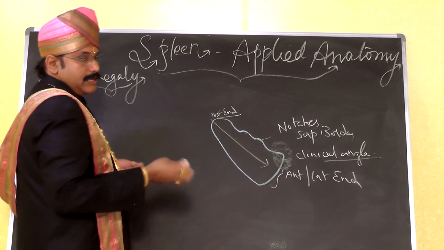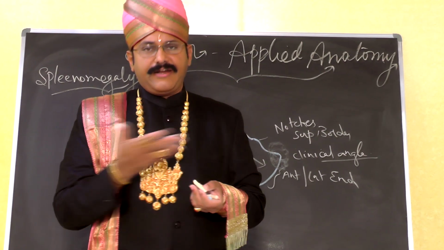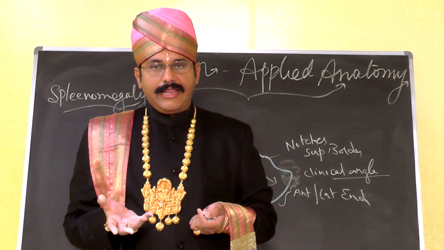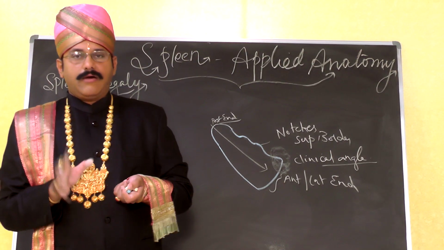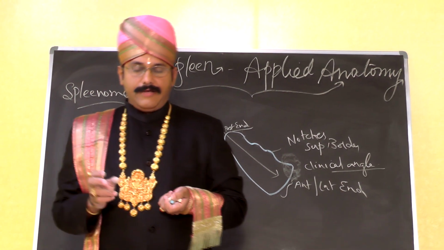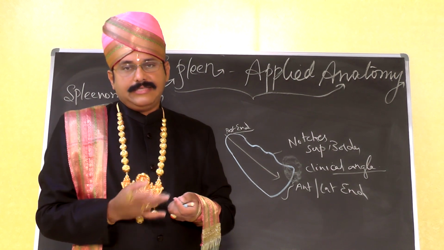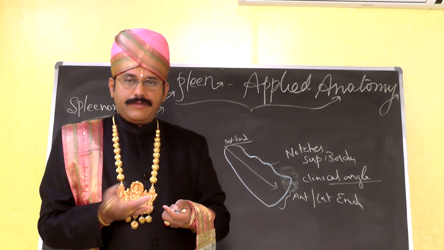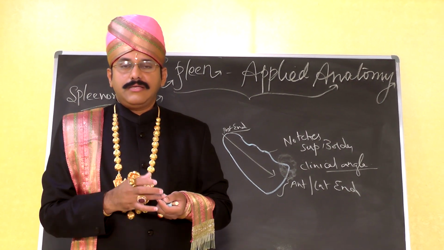Now, what are the conditions where there is splenomegaly? Splenomegaly occurs in different conditions. For example, in infections like malaria, which is very common, there is splenomegaly. Also in disorders of the RBCs like thalassemia, hereditary spherocytosis or sickle cell anemia, where there is a problem with the blood cells.